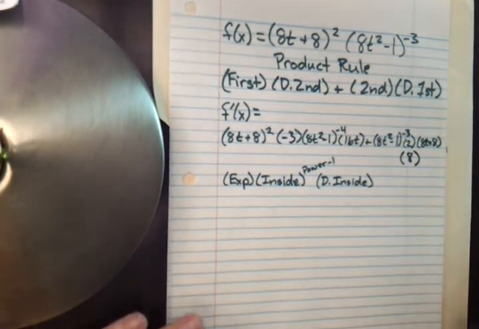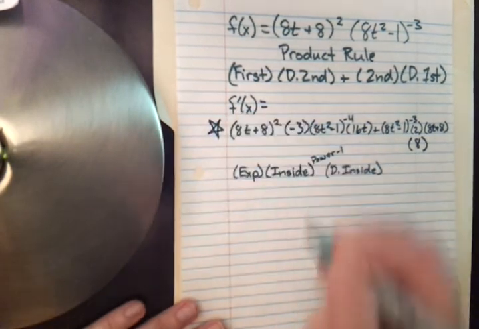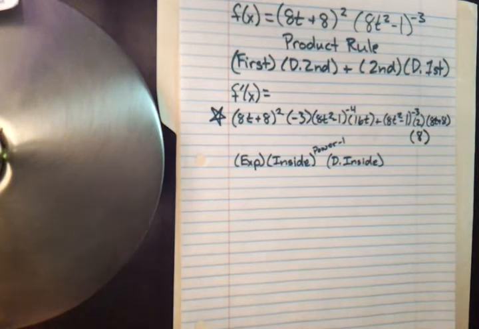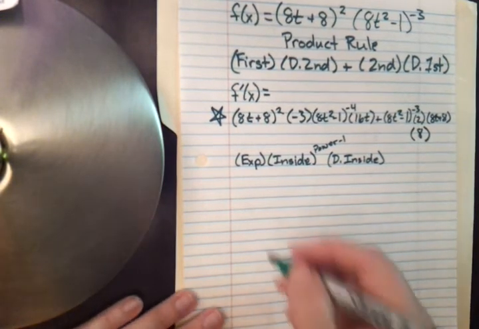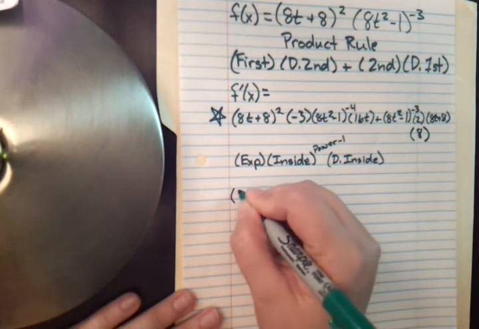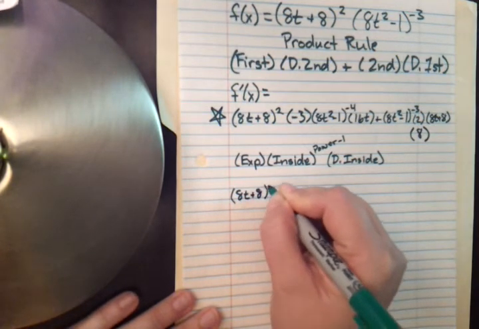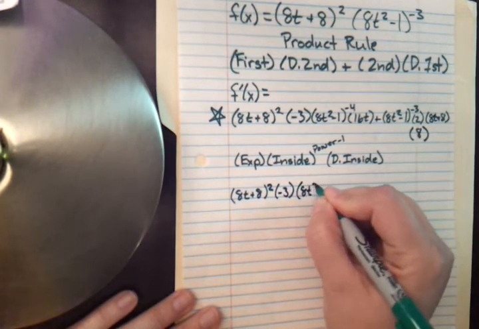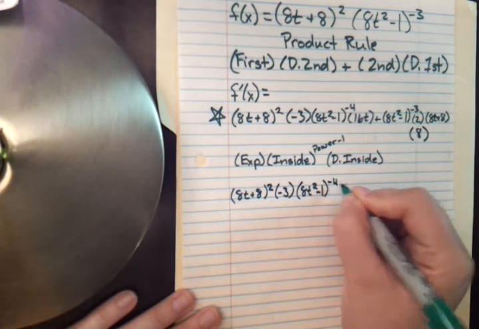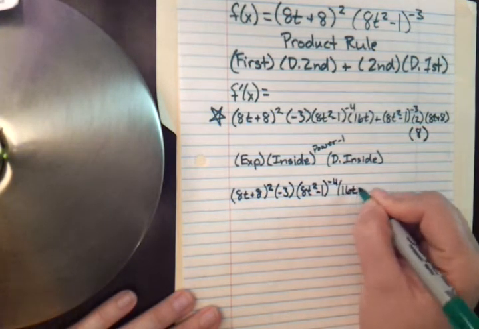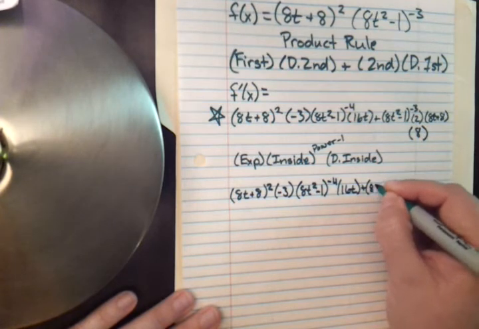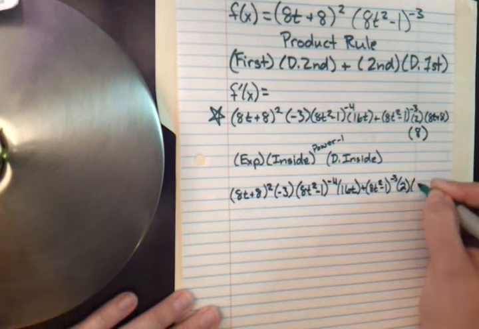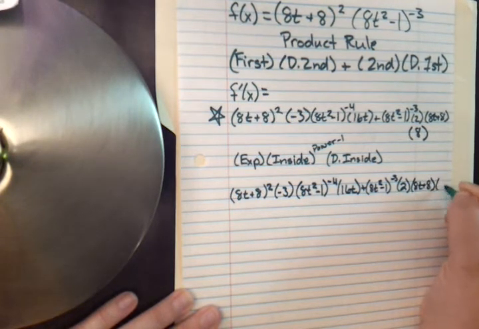Let me write that all out in one line because honestly, this is what you have to enter into WebAssign. You don't have to simplify, you don't have to FOIL, you don't have to distribute. Just enter this as is. So that's 8t plus 8 squared times negative 3, times the quantity 8t squared minus 1 to the negative 4, times 16t, plus 8t squared minus 1 to the negative 3 times 2 times 8t plus 8 times 8.